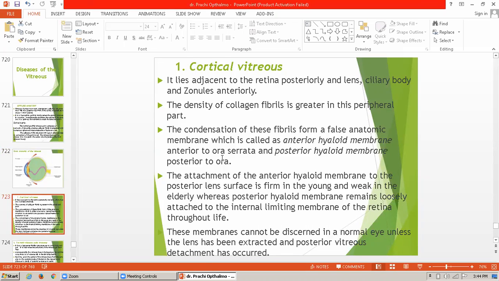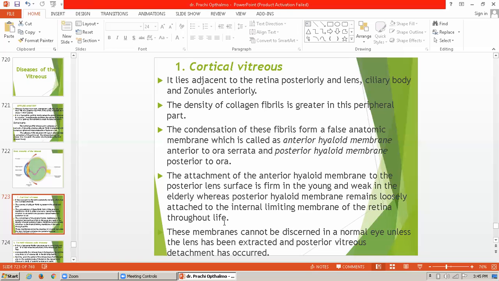Then the attachment of the anterior hyaloid membrane to the posterior lens surface is firm in the young and weak in the elderly, whereas the posterior hyaloid membrane remains loosely attached to the internal limiting membrane of the retina throughout life.